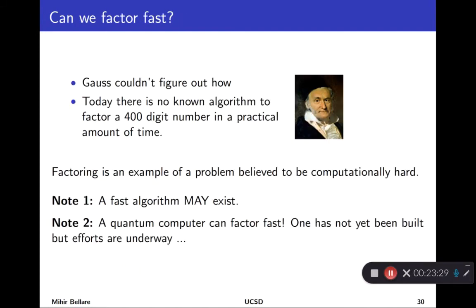Okay, so when that kind of situation occurs, algorithm researchers are disappointed because they want to find fast algorithms for things, and cryptographers get excited because for them this becomes a way to develop encryption.